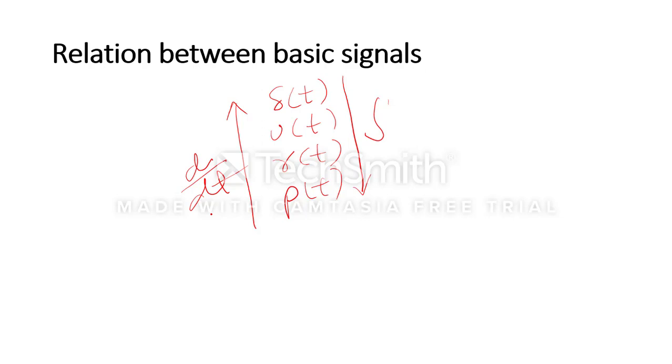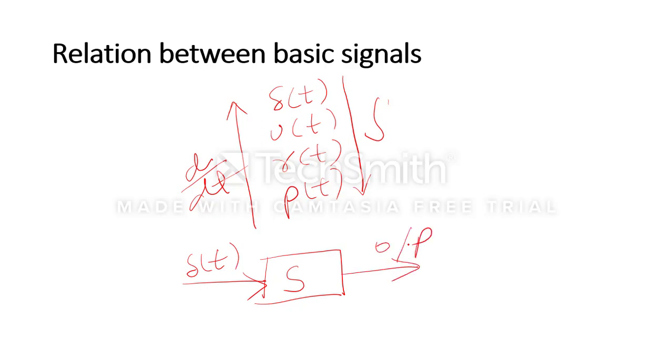How is this property useful? Suppose you are having a system and you are applying input, any input. Suppose you are applying impulse function and you are getting certain output. Now in next step, you have to calculate the output for input p(t).